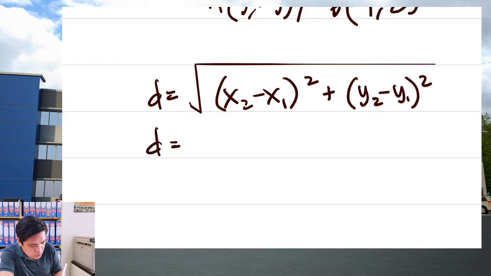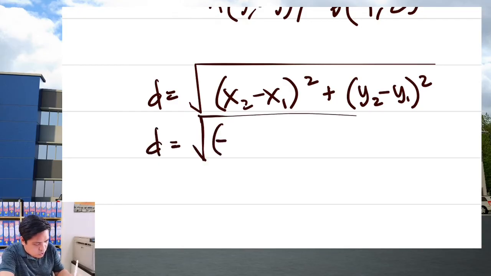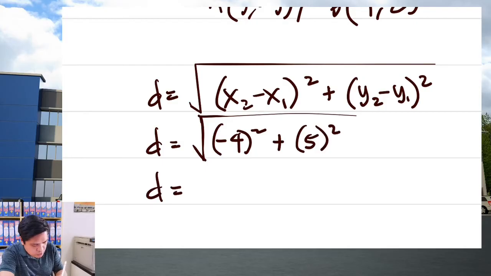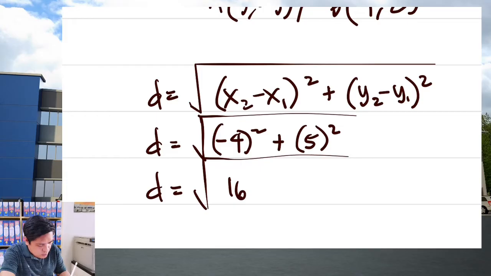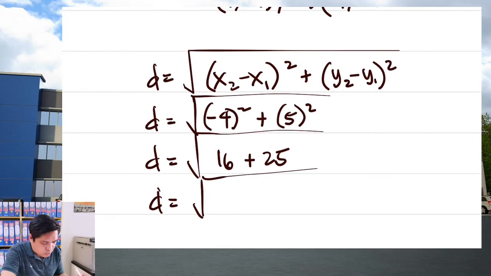So D is equal to the square root of -4 squared plus 5 squared. So D is equal to the square root of 16 plus 25. 16 plus 25, that would be 41, or square root of 41.